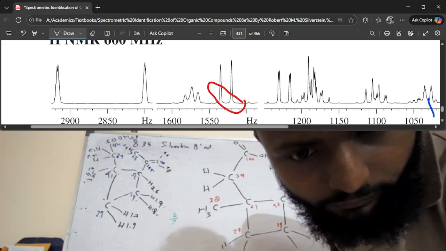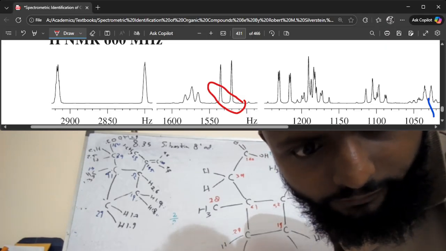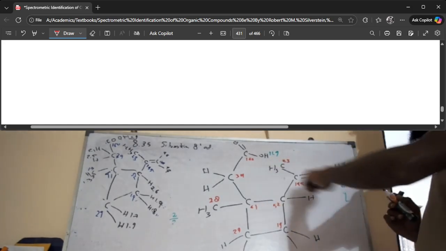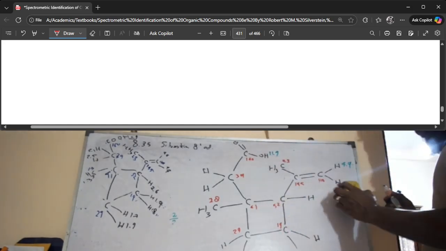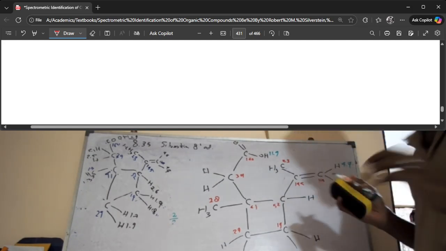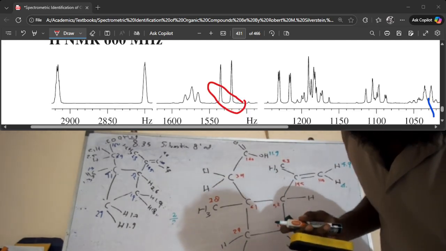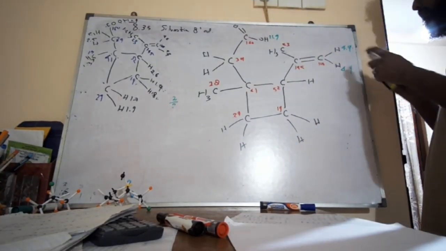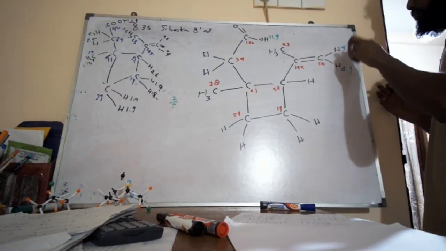This is more like a singlet, right? 4.9 is kind of like a quartet. This is the stronger correlation. We have to change that. Okay. Right, so this is 4.9 and this is 4.6.